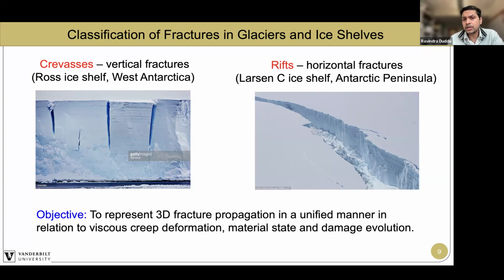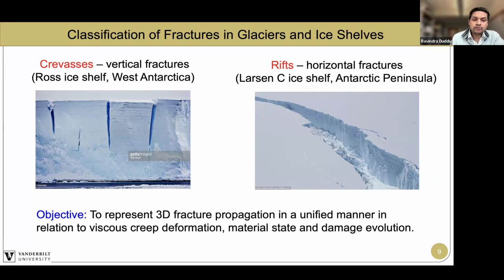And here I'm showing the Larsen C ice shelves fracture, and you can model them as also 2D fractures in plane, but then applying these boundary conditions of how the forces and all due to the gravity and stuff, they become complicated.